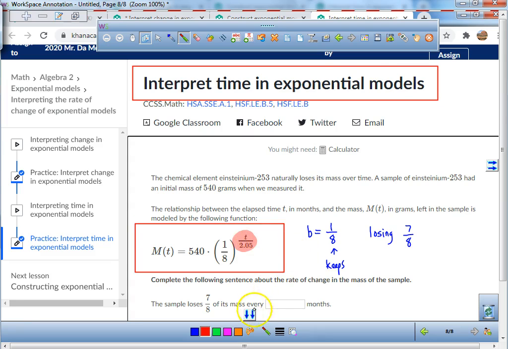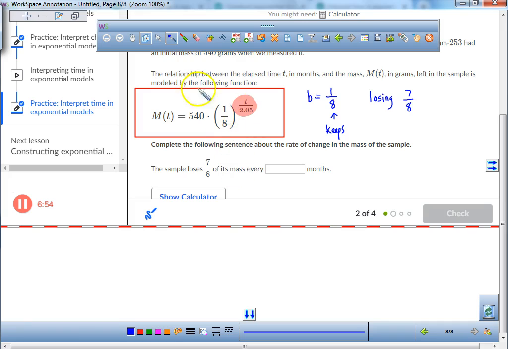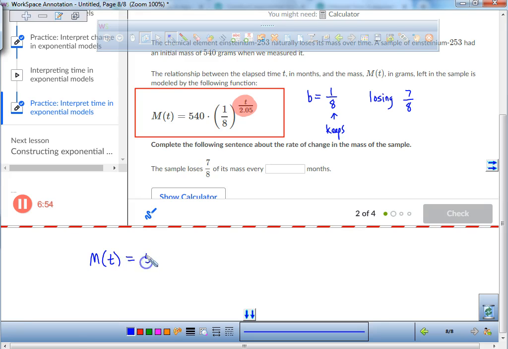Okay? So what I'd like you to do right now in your journals, I want you to write this down. We're going to talk about what the heck it means to have a fraction. So what we're going to do is rewrite this. Not 1. We put t over 2.05. But I want to write it down more than once because I want you guys to see the difference here, okay?